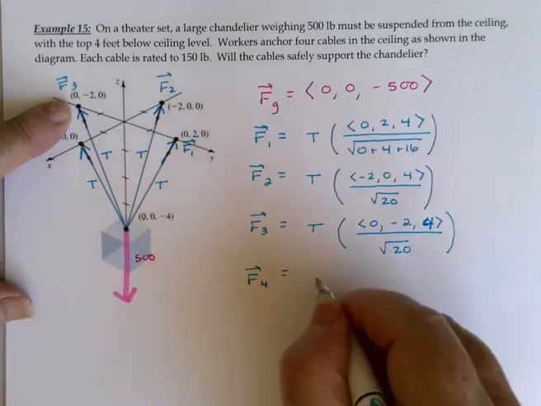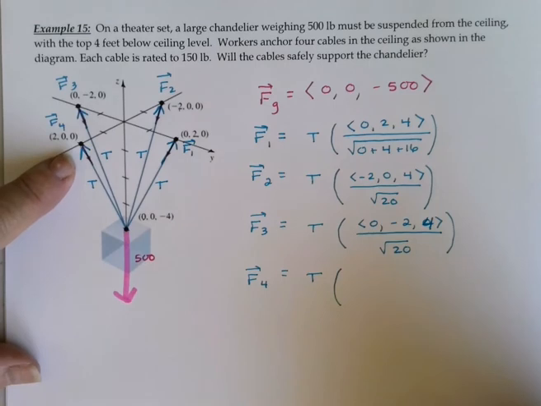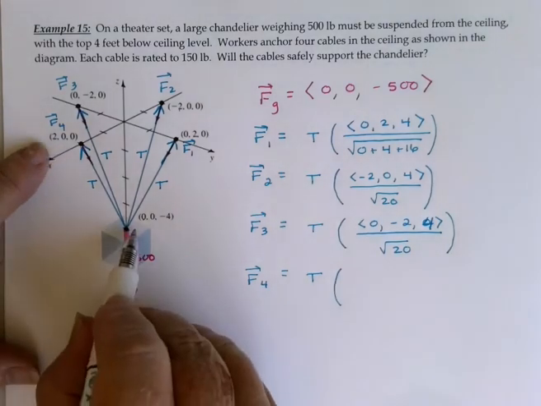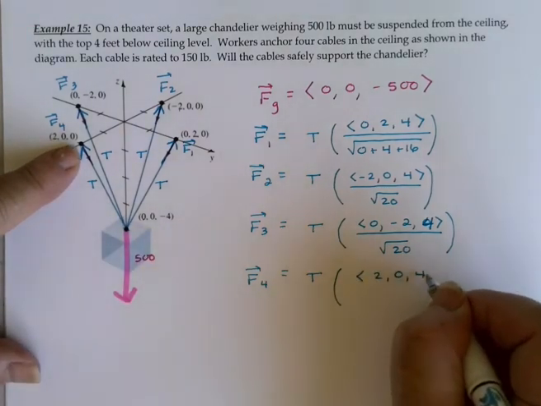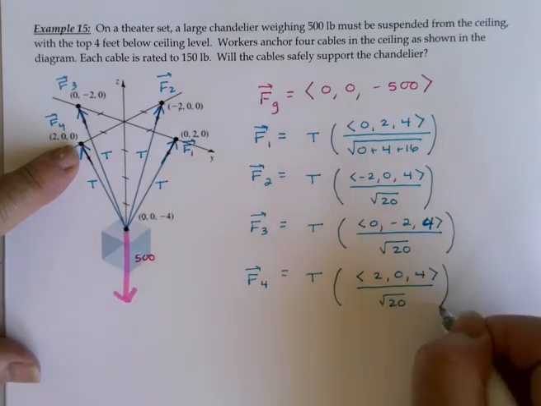And then finally F4, once again I need the magnitude of T times the unit vector in the correct direction. Subtracting terminal minus initial, 2, 0, 4. And the same magnitude, square root 20.